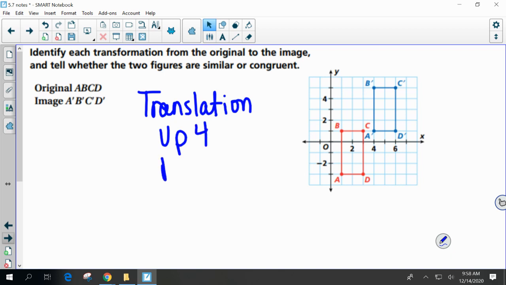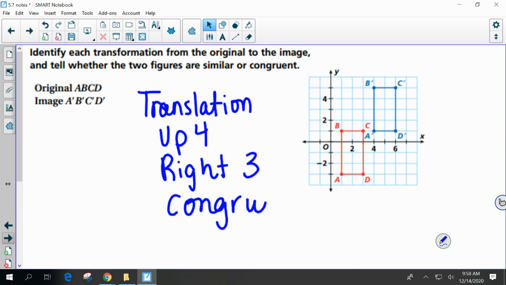Right. Right, 3. Okay, and is this congruent or similar? Congruent, correct. In my opinion, the translations are the easiest of all of them to do, because you're basically just counting boxes to see where you went.